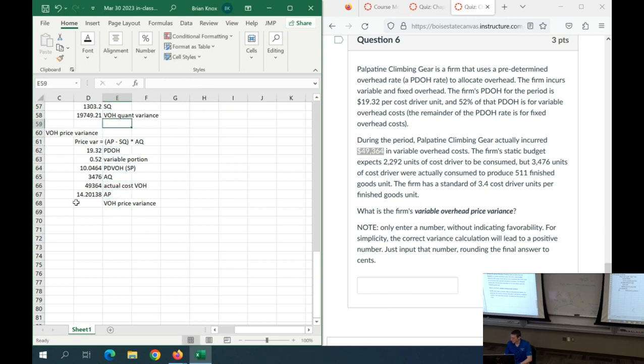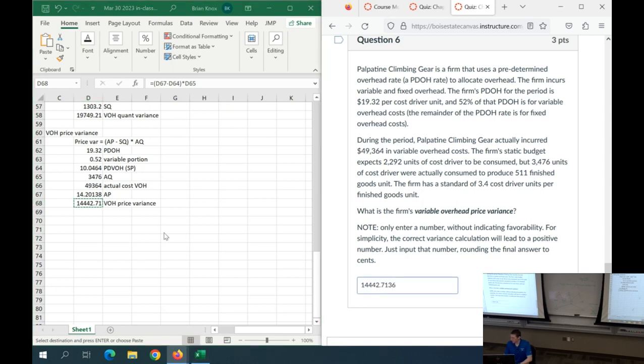Okay, so I just need to plug in those numbers following the equation. So we have parentheses actual price minus standard price, close the parentheses, all times the actual quantity. So that should be our price variance there.